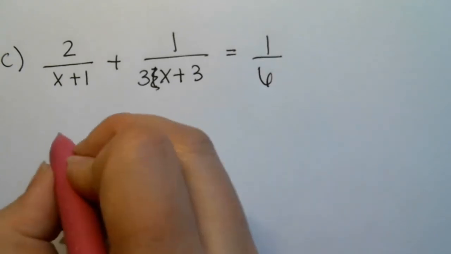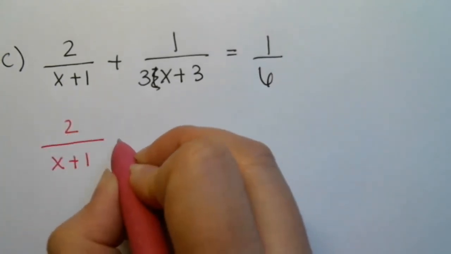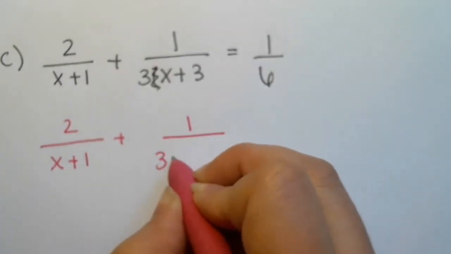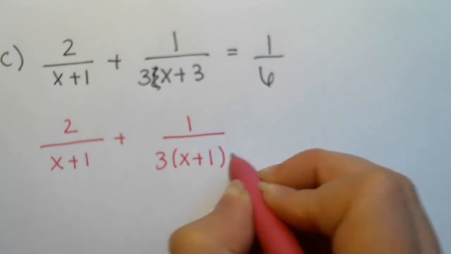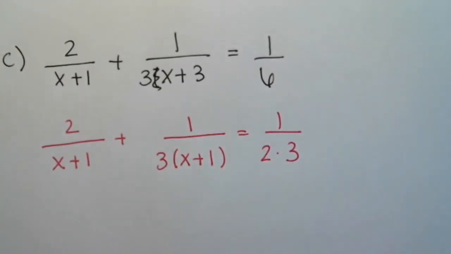This is the only denominator that factors. So I get 2 over x plus 1 plus 1 over 3 times x plus 1 equals 1 over 2 times 3.